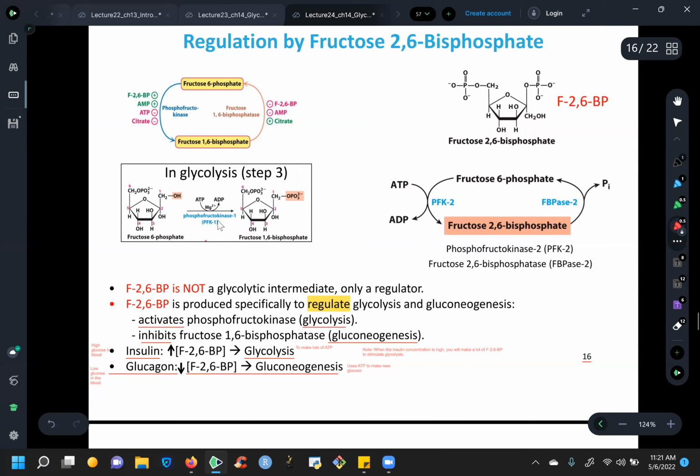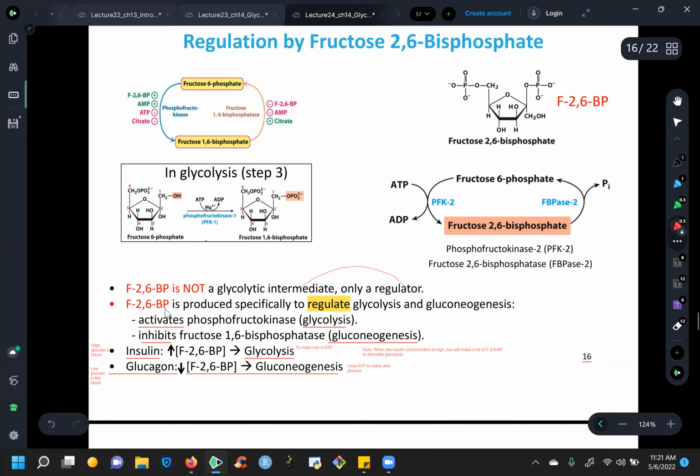You know, in the 10 steps of glycolysis, we have fructose 1,6-bisphosphate, but here they're talking about fructose 2,6-bisphosphate. So this is not a glycolytic intermediate. This means that it is not one of the substrates or products in our 10 steps. It's actually a regulator.